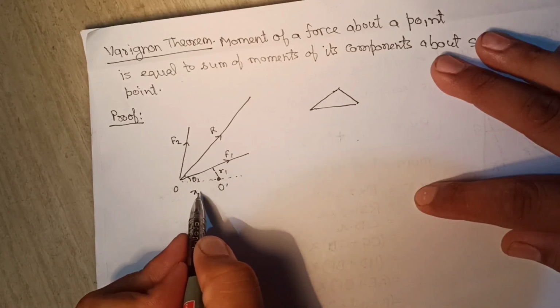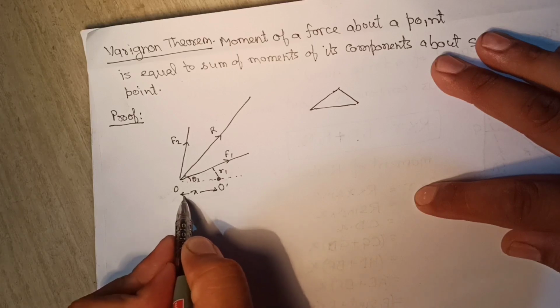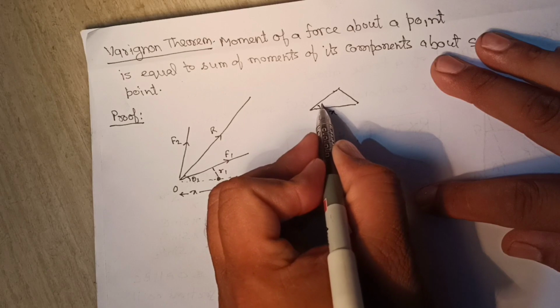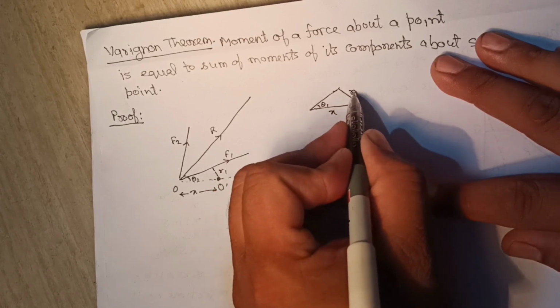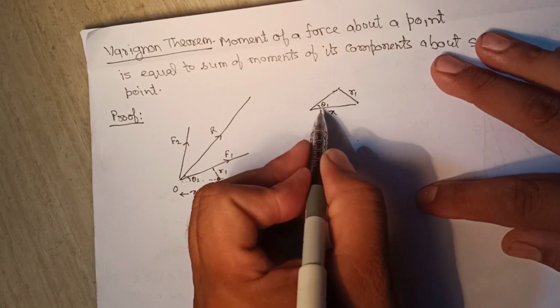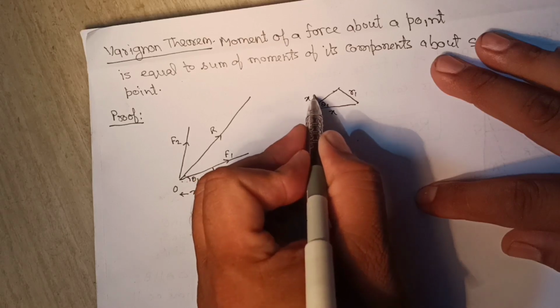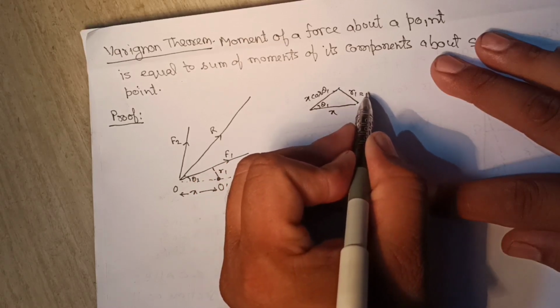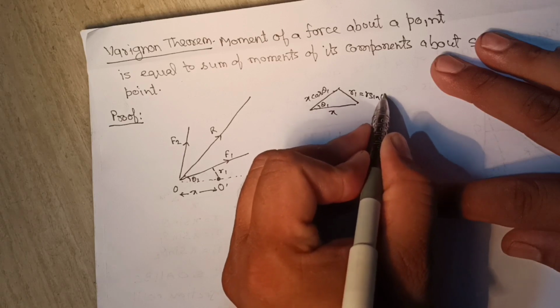We have taken an arbitrary point O dash. Now suppose perpendicular distance of F1 from O dash is R1. We have assumed the distance O dash equal to small x.